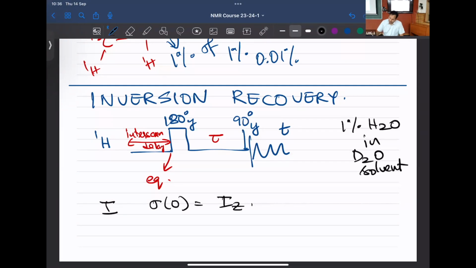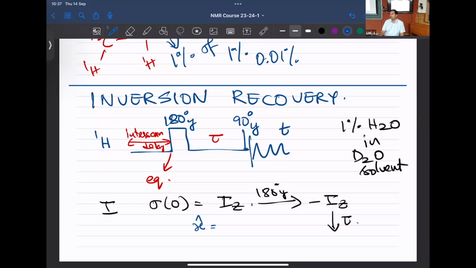The first thing that you're doing is a 180-degree pulse along the y-axis. Therefore, the density matrix will become minus Iz. You're just inverting, nothing complicated. Then you have a time duration tau. Can any one of you tell me what will be the Hamiltonian during this tau duration? It's water.